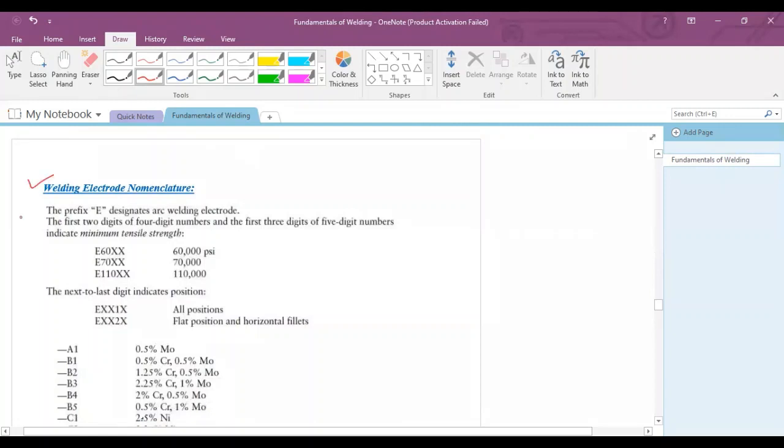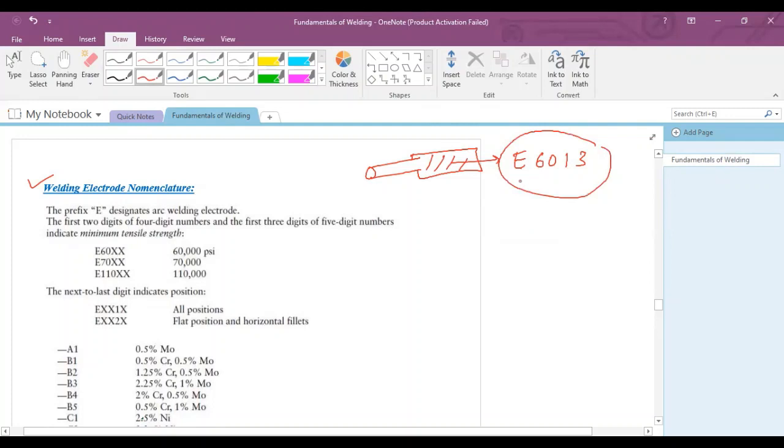This is the electrode welding nomenclature. In the market, we have so many electrodes, and there is a number mentioned on the electrode. Normally an electrode is recognized with the help of one number. For example, if E6013 is printed on the electrode, you will recognize which type of electrode it is.